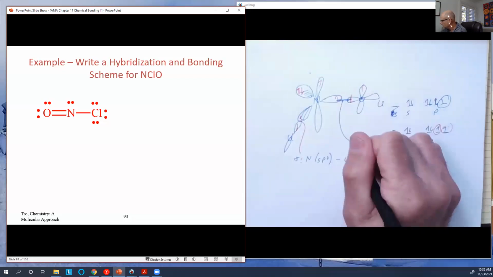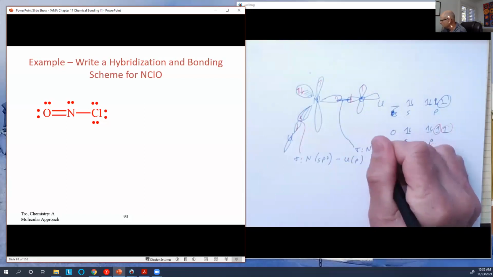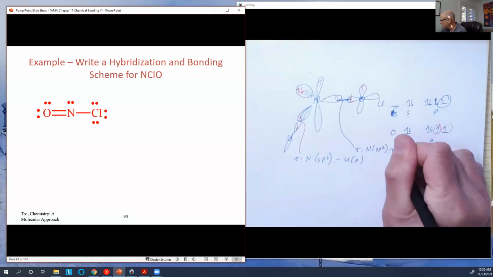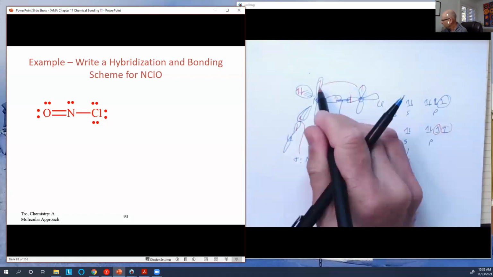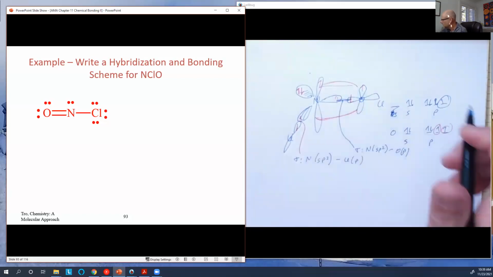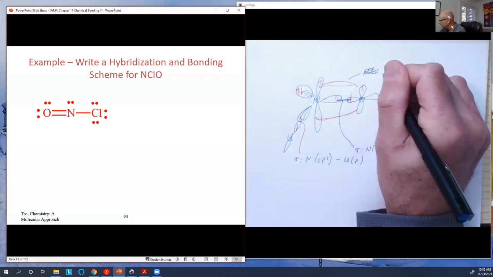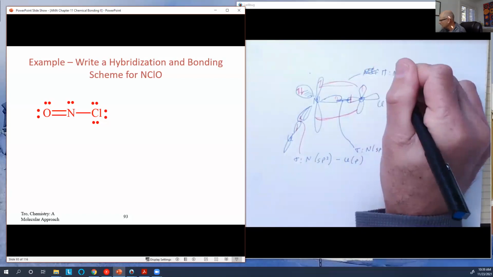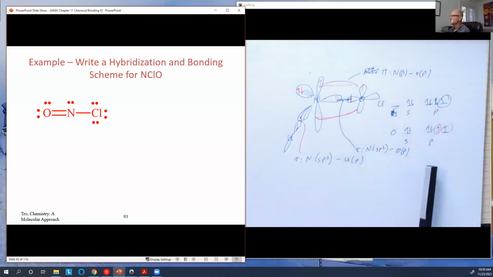That's going to be called the sigma bond because it's end to end: nitrogen sp2 overlapping with oxygen p. And then I can form my pi bond here and here. And that's going to be pi, nitrogen p overlapping with oxygen p. And there's my valence bond treatment of this molecule.